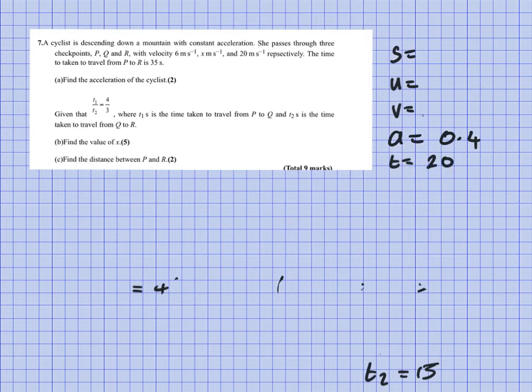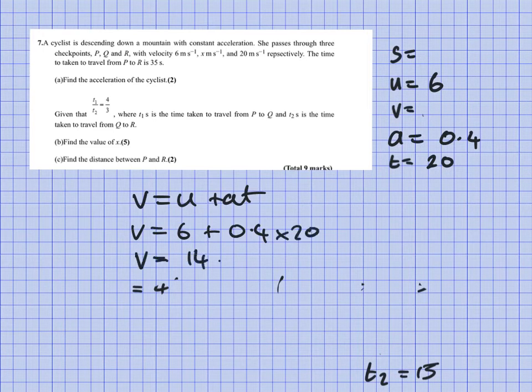We know still that the initial speed is 6. So we can use V equals U plus AT. So V equals 6 plus 0.4 times 20, which gives us that V is 14 meters per second.